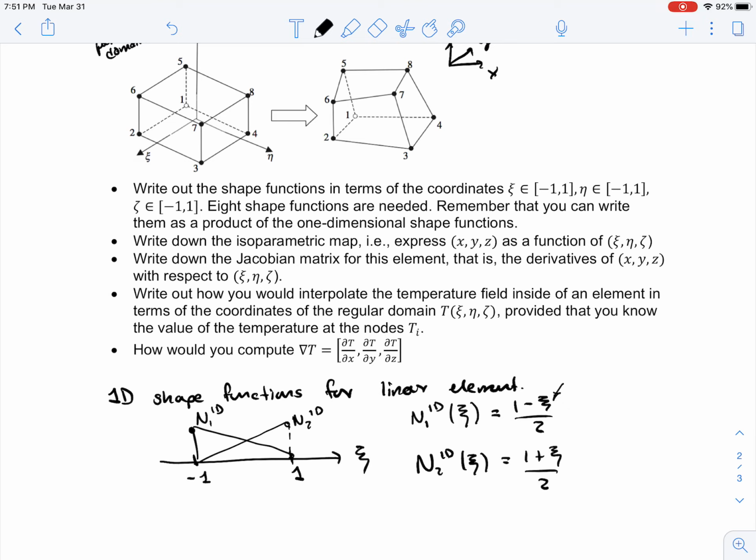Note that if I substitute -1 here, then 1 minus -1, that's 2 over 2, that's 1, so it starts at 1. And if I substitute +1 here, then this is 0, so it goes to 0. So n1 is correct. And then n2, if I put -1 here, I get 0. And if I put +1 here, I get 2 over 2, 1. So n2 is also correct. So those are the 1D shape functions.